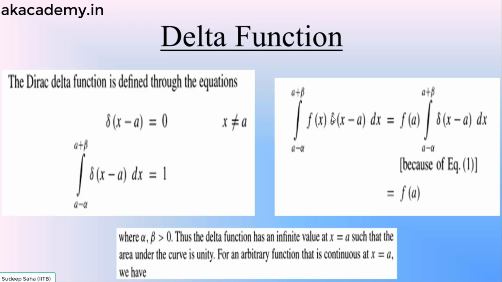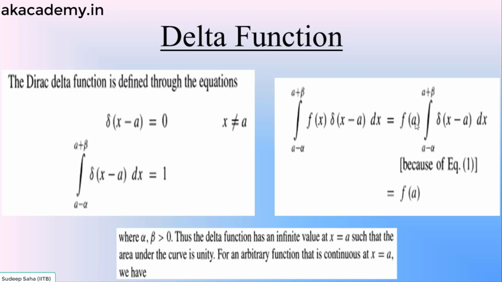And this is another property of the delta function. If we integrate a function multiplied by the delta function, this is essentially a very small region, from a minus alpha to a plus beta. In that small region we can think of this function as essentially constant.